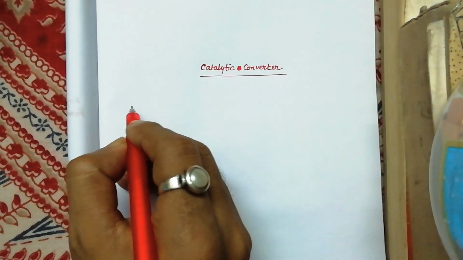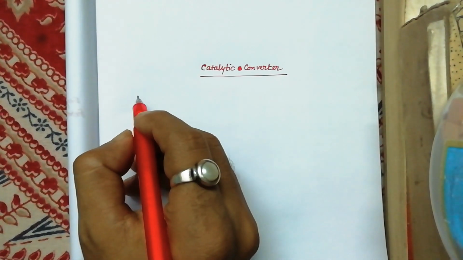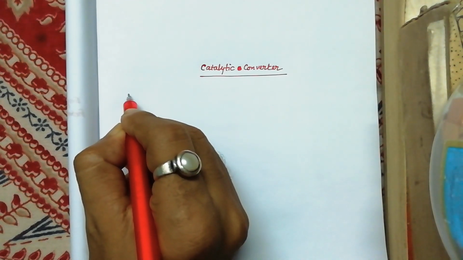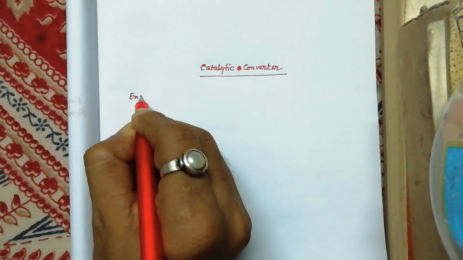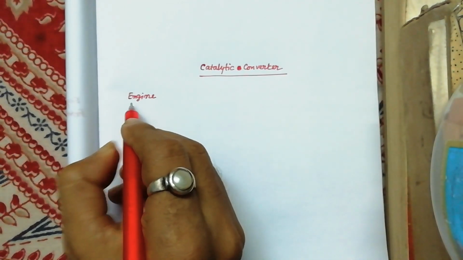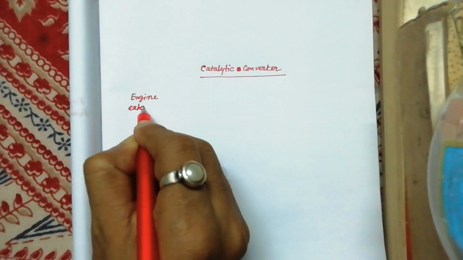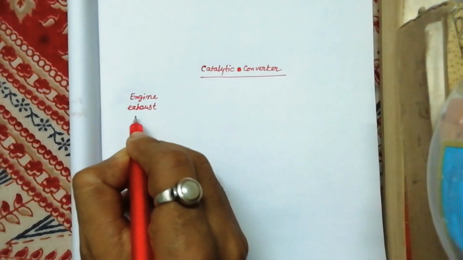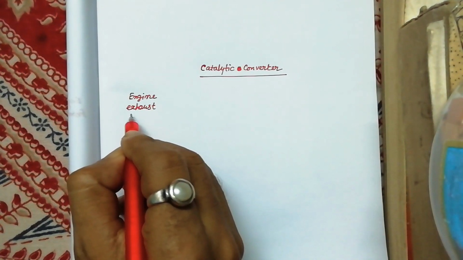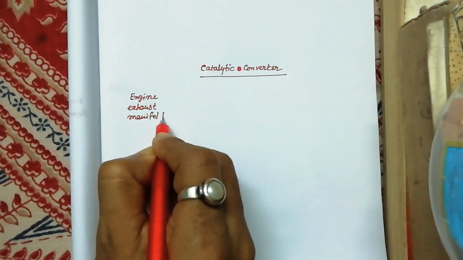So where is it actually located? First we see the location of this catalytic converter. First I draw a line diagram. First is the engine, then the engine exhaust manifold.